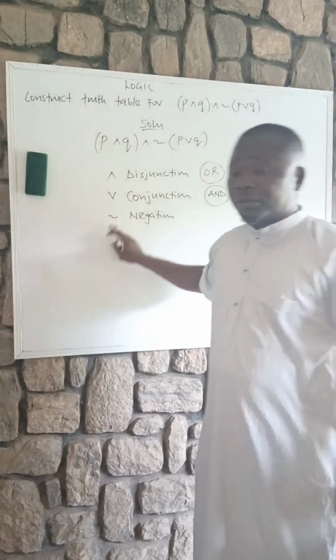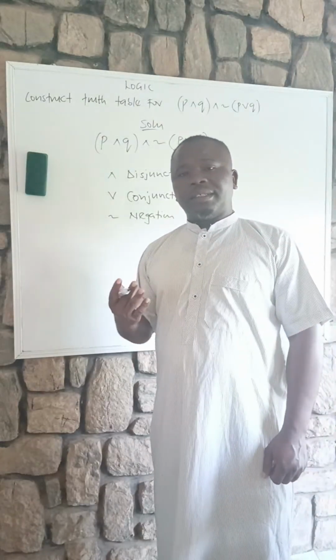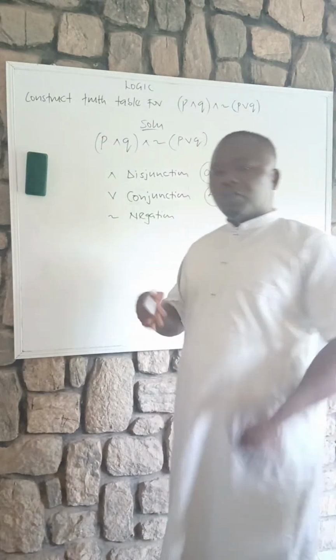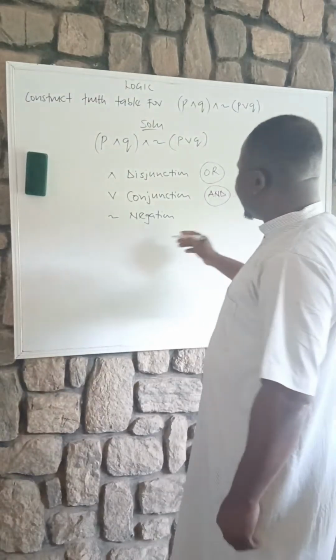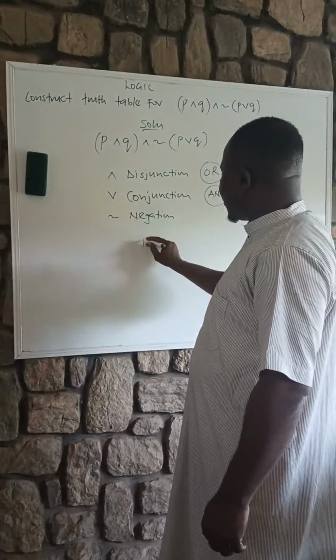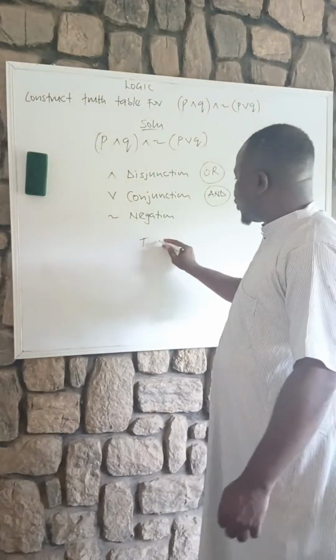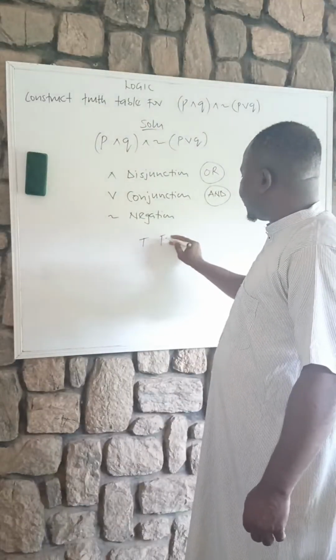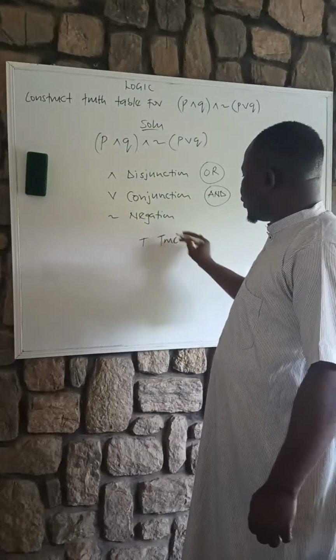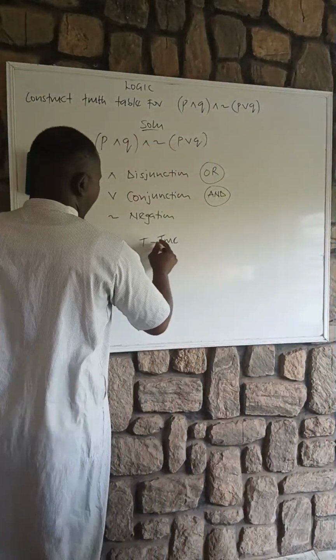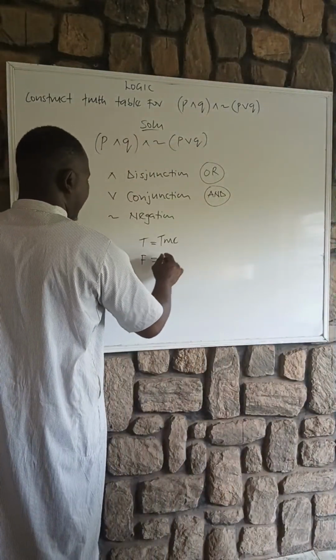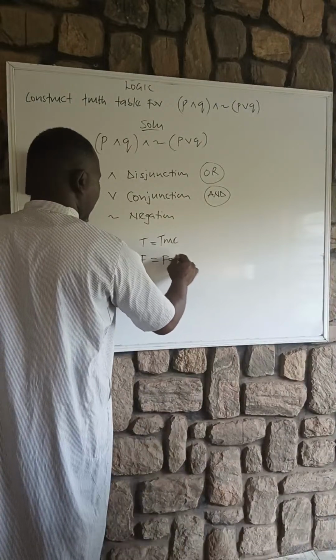Okay. Then this is negation. This negation means that just like we are talking about truth table, T means truth or true. Then F means false. Okay?